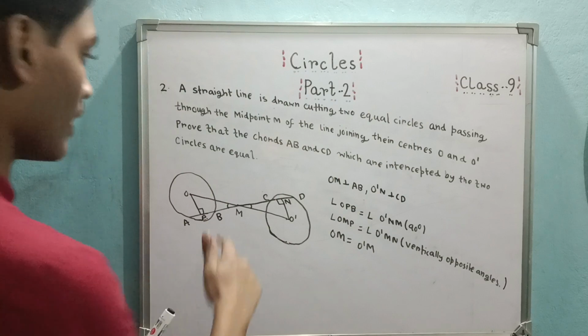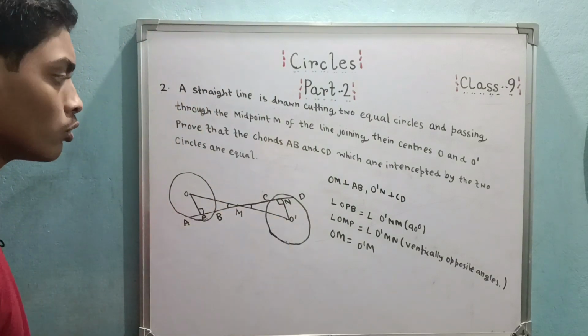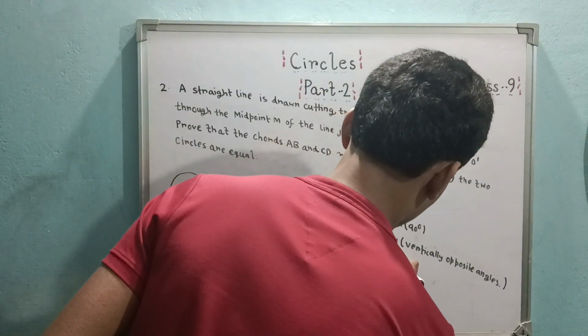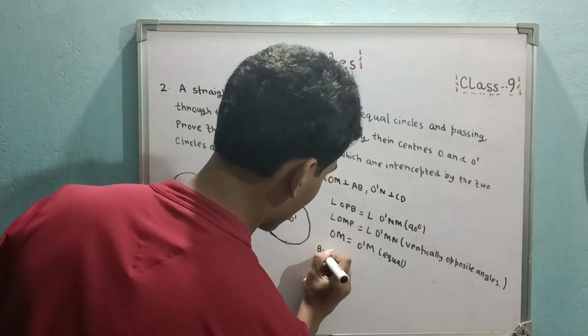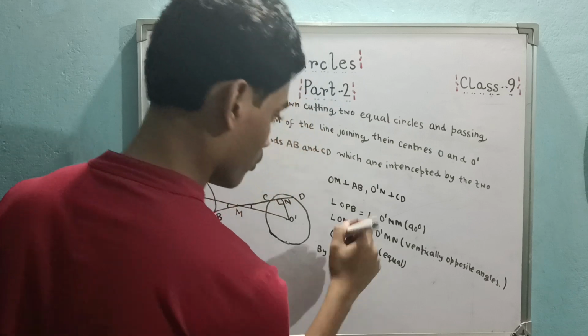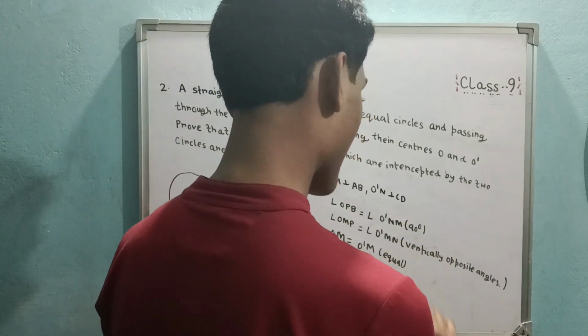And as M is the midpoint of the line joining the centers, OM is equal to O dash M. So by the angle side rule, we first prove two sets of angles are equal and then prove one set of lines are equal.